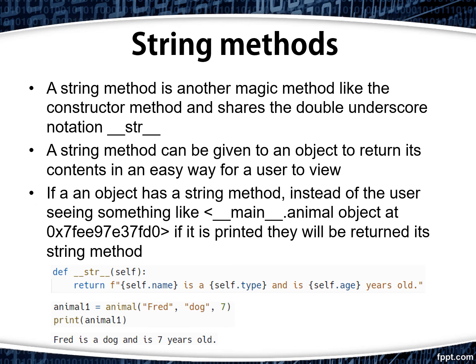If an object has a string method, instead of the user seeing the main object with its hexadecimal notation and not being able to see what's in it, if they print the object now, what will be returned is its string method. So you can see in the example below where we've defined a string method that now when we print animal1, instead of seeing the object, we actually get this string method returned to tell us a lot of information about the particular object.